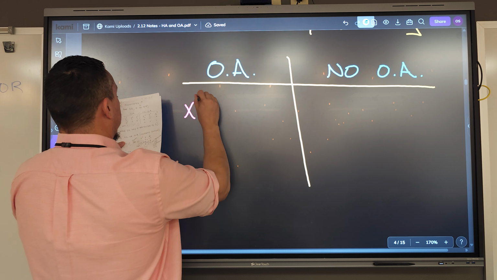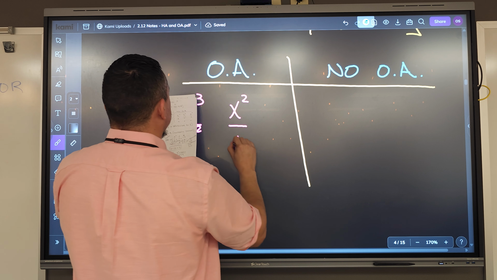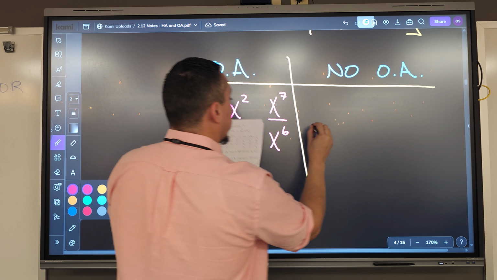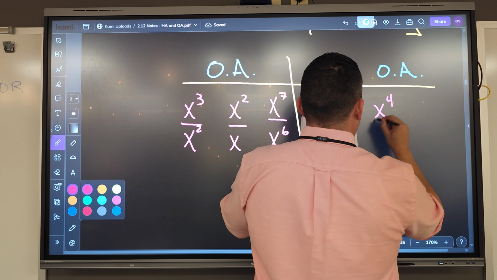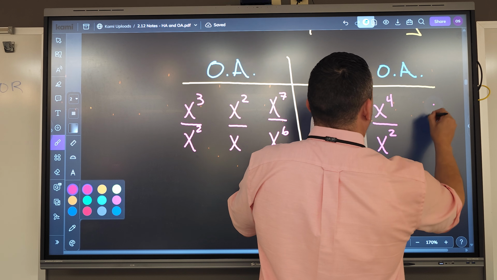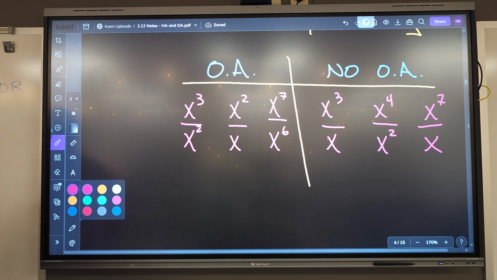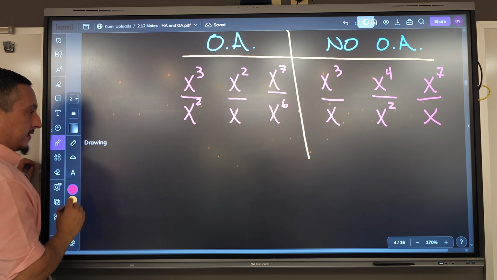Let's say you had x^3 over x^2, x^2 over x, x^7 over x^6, x^3 over, just so you can quickly see the difference, okay? So what we're going to do is we're going to find the difference in the degrees.